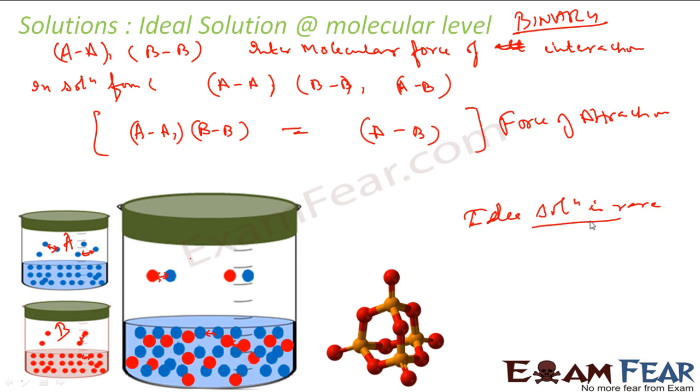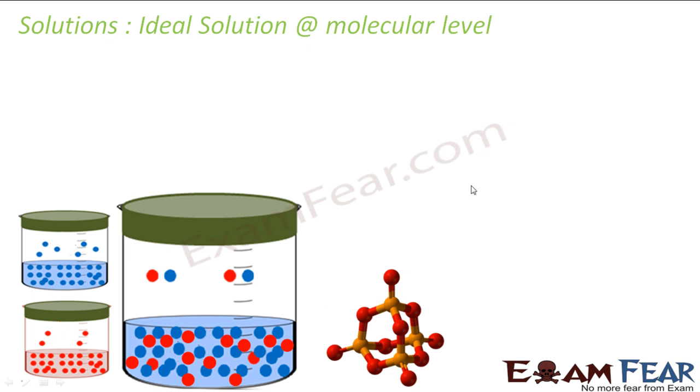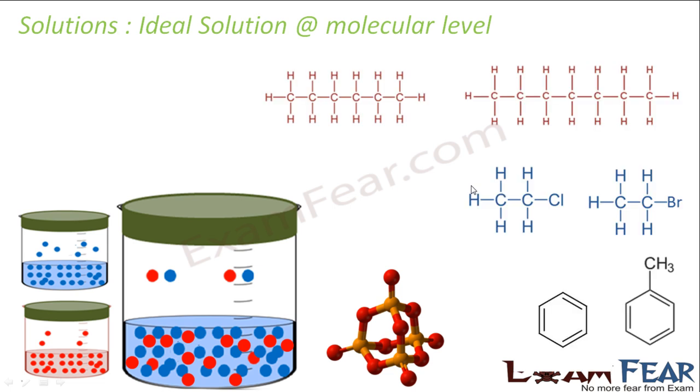We get near ideal solutions. Near ideal solutions exist, and I'll show you some examples of that. Examples of near ideal solutions are n-hexane and n-heptane solution. So this is one, this n-hexane, this n-heptane.